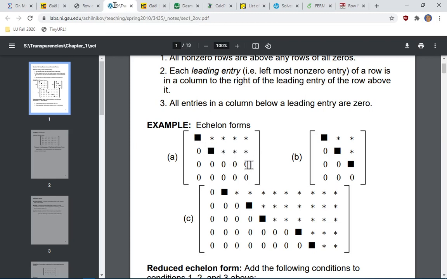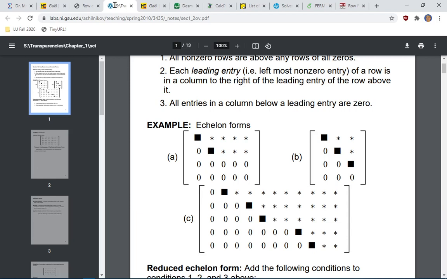Here are all the zeros at the bottom. You take that aside. Whatever is left, you see 2 rows left. So the rank of this is 2. The rank of this one is 3. The rank of this one, well, all of them are non-zero rows, so we have rank 5 in that. So the number of non-zero rows left is the rank. Okay, so that's the definition.